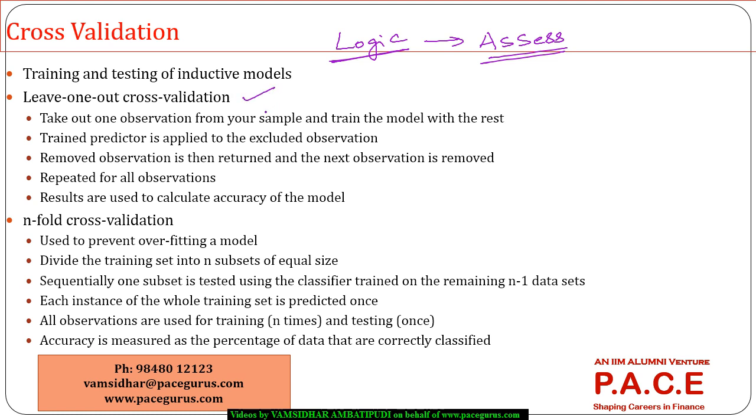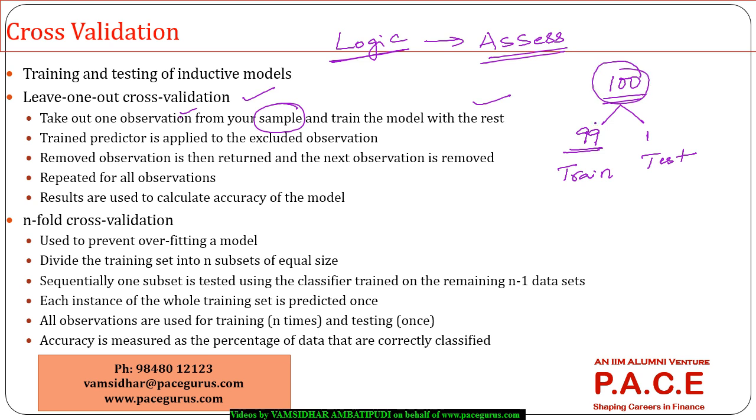One is called leave one out cross validation. It means if I have a sample of 100 observations, I will leave one out. 99 of them will be part of my training data, and one will be part of my testing data. Take out one observation from the sample and train the model with the rest.